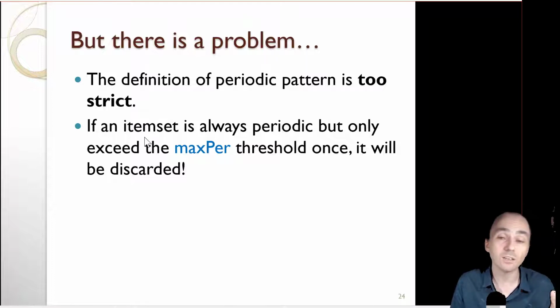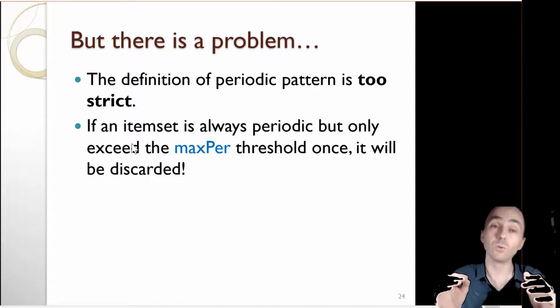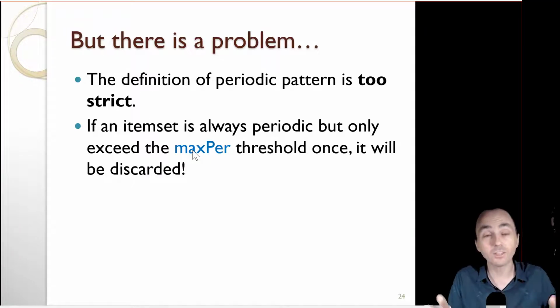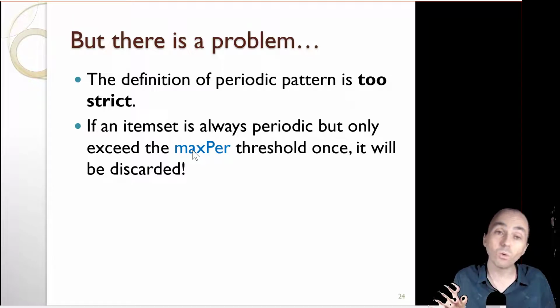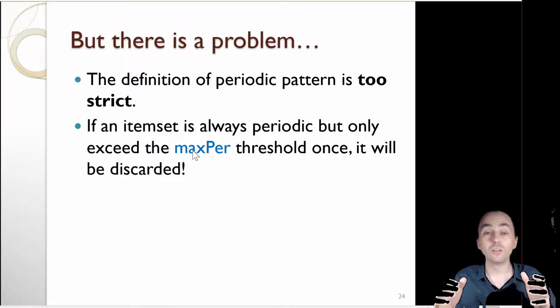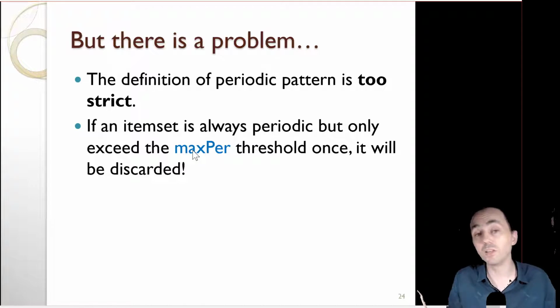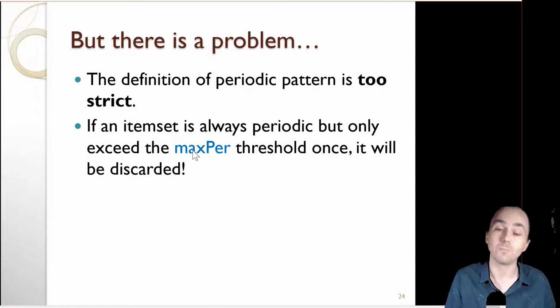Maybe an item set will always be periodic, but only one time it will exceed the maximum periodicity, and then the item set will be discarded. For example, you have an item set that appears every week, but only one time it appears after 1 week and 1 day. Then the algorithm will eliminate this item set. So this is very strict.